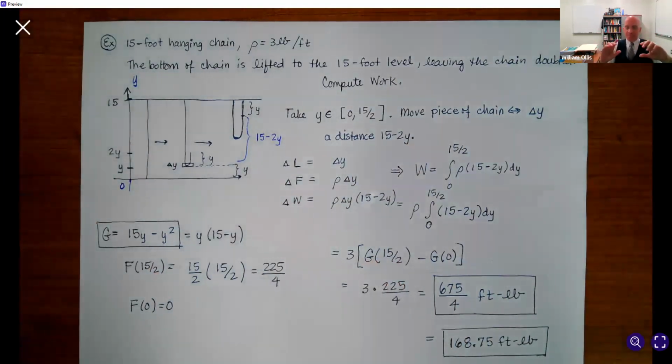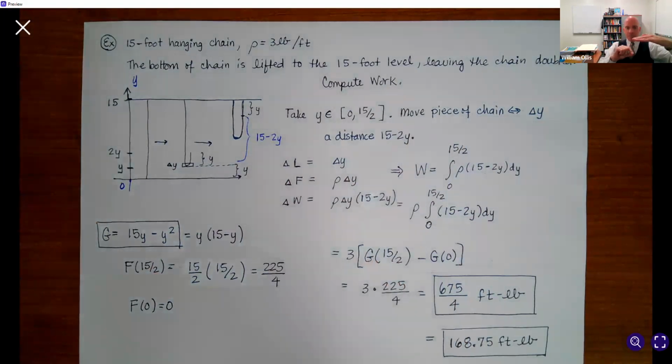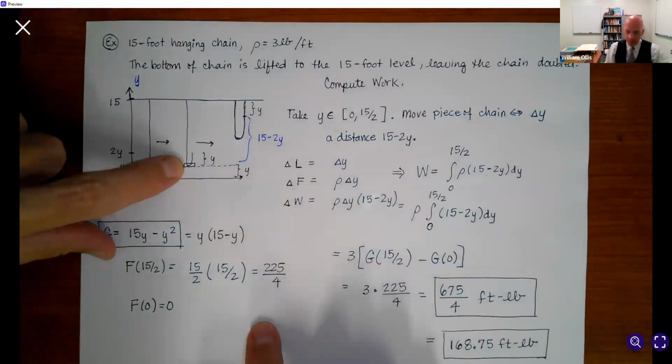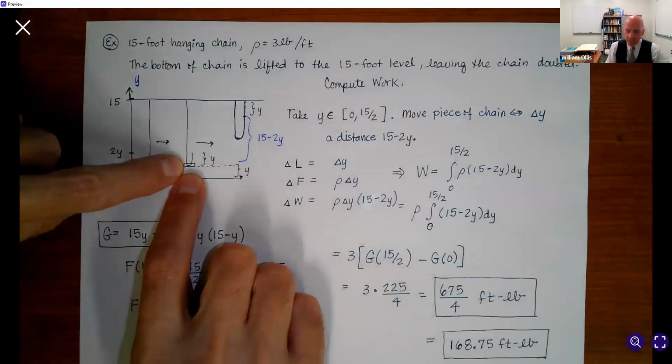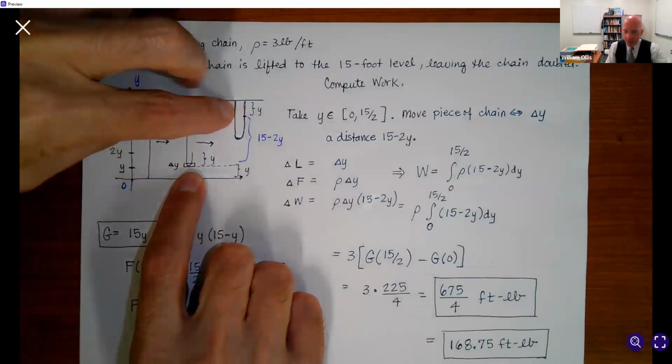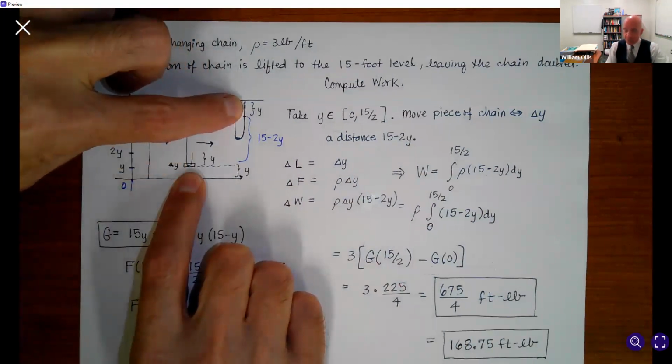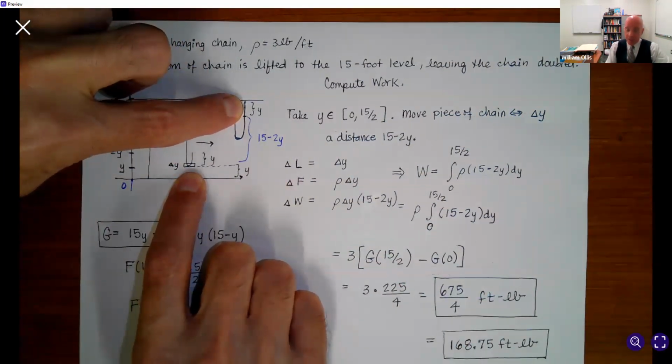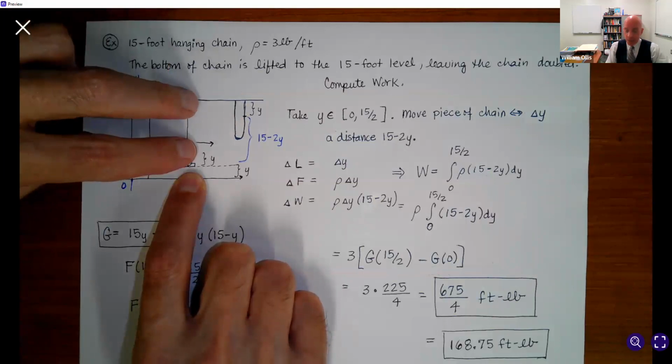So here's the thing. If you take a Y and you think about taking the chain where now the Y is the bottom, like I've written here. And here's where the hint is. Then you're thinking you've got the Y also duplicated up here. Because now you're thinking, well, how far is this going to have to go?